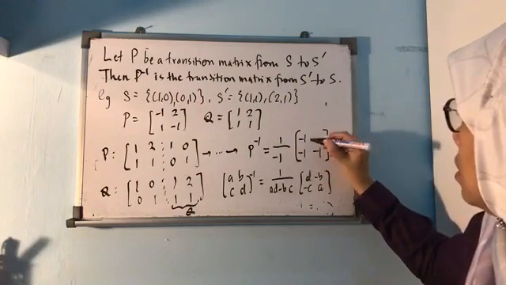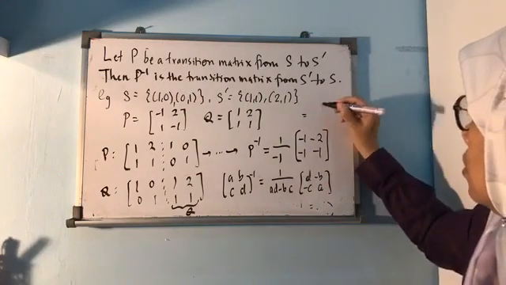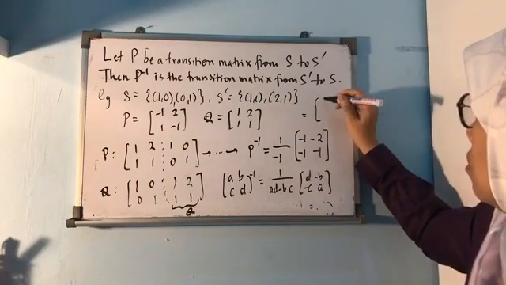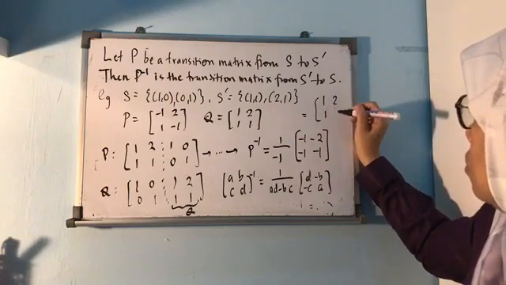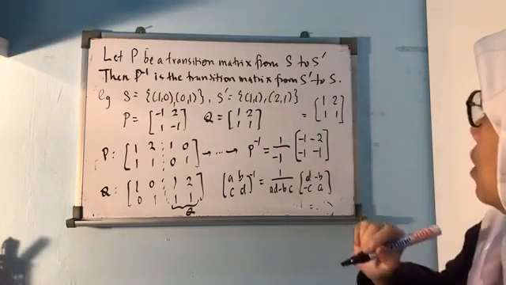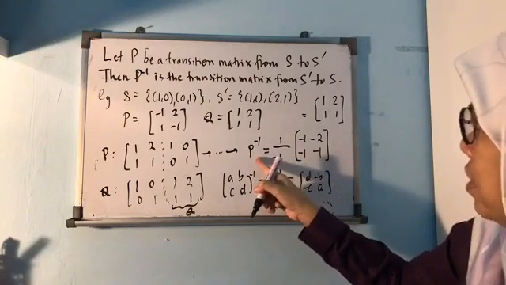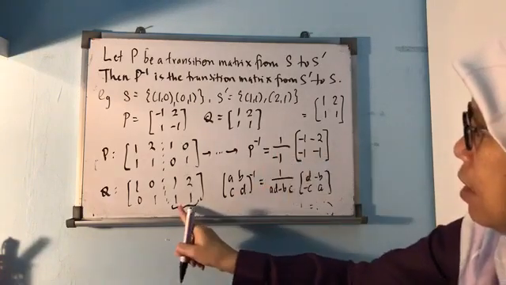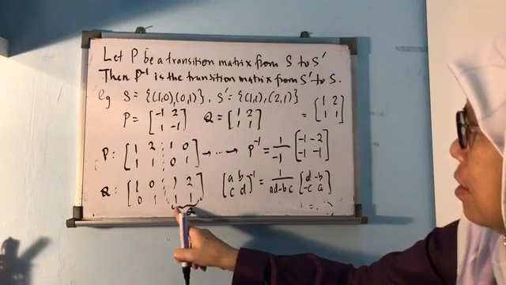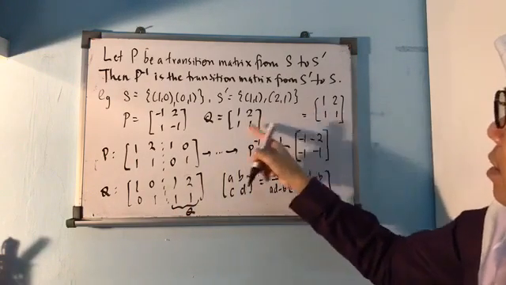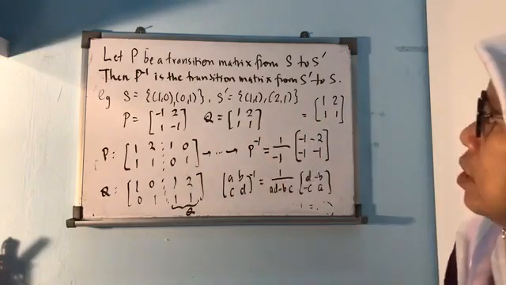So negative 1, negative 2, which is equal to 1, 1, 2, 1. Right? So this is by taking the inverse, and this is by taking the definition. They are the same, right? Q using both ways.